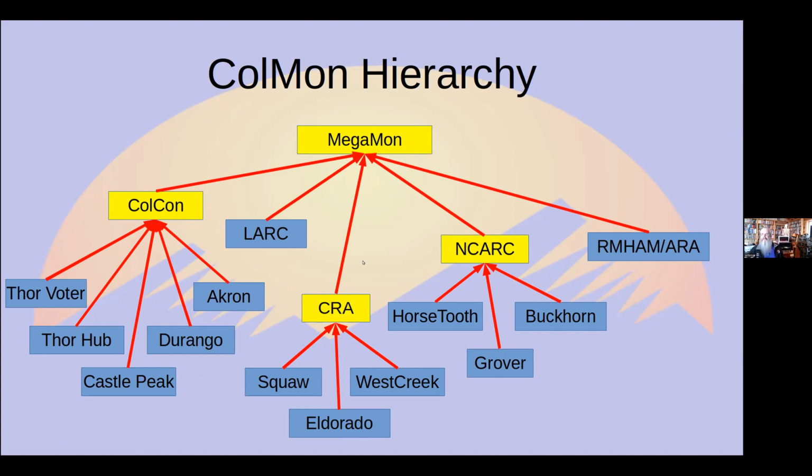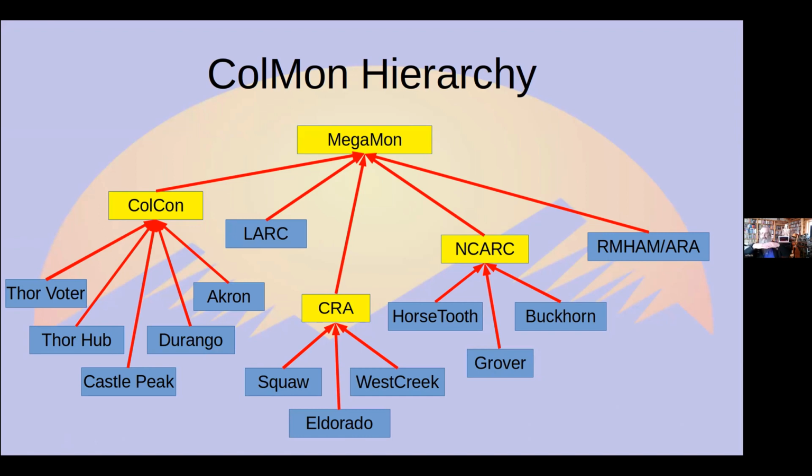So if we have, for example, an incident where we now need to reconfigure the network, let's say we want to take one of the CRA repeaters on Squaw Mountain, let's say the 145. We want to link that to the LARC repeater in Longmont, and we want to link that to the Buckhorn repeater from NCARC.